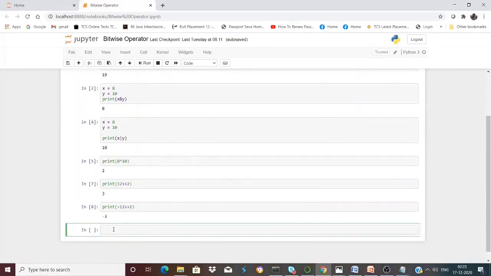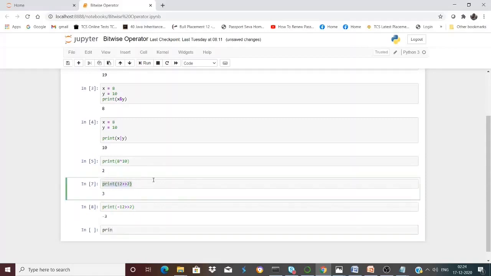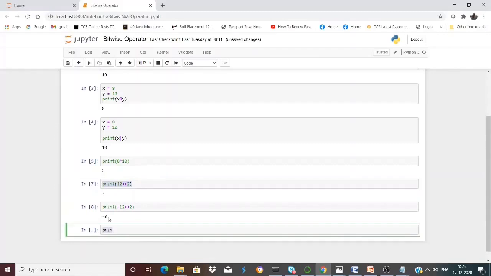The next operator that we are going to discuss is the bitwise left shift operator. Similar to the bitwise right shift operator, the left shift operator shifts the bits to the left, and how many places the bits will shift again depends on the value of the second operand. So let's again take this value 12, or let's copy it and paste it here, and instead of a right shift, now we will use left shift.